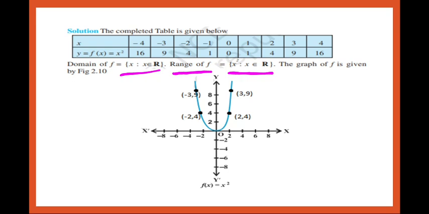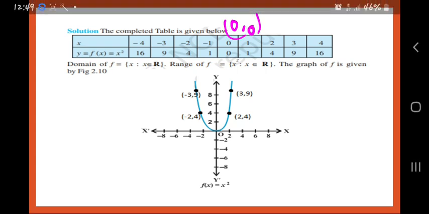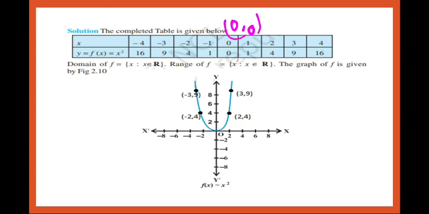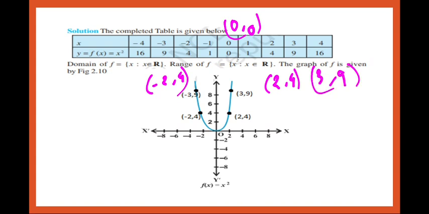Okay, now you have to draw the graph. From this table you can say that (0, 0) is a solution. Then (minus 2, 4) is a solution, (2, 4) is a solution, (3, 9) will be a solution, and (minus 3, 9) will also be a solution.